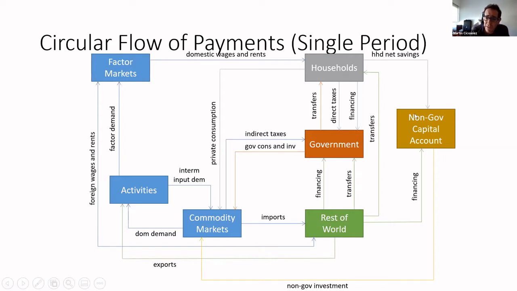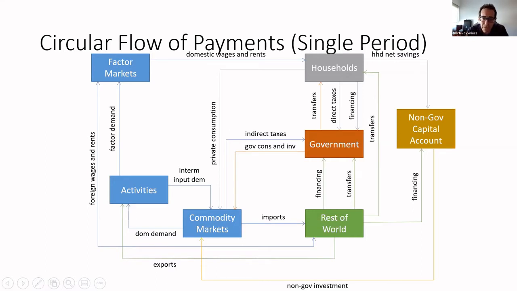And we also have the capital account, which will be collecting savings from the households and from the government, which might be like negative savings if the government is running a deficit. And then we have the rest of the world, which will be supplying the imports of the country, and it will be buying the exports of the country.